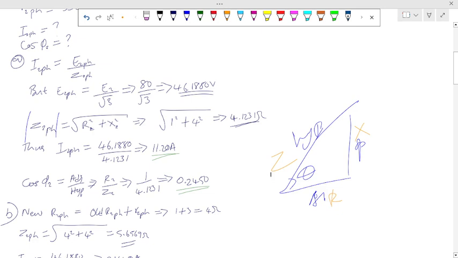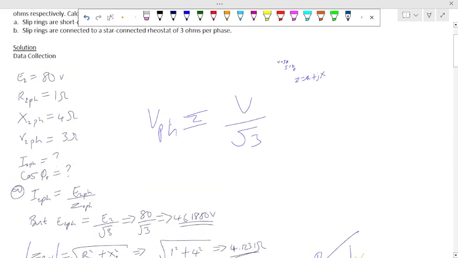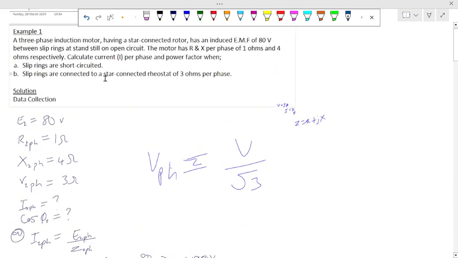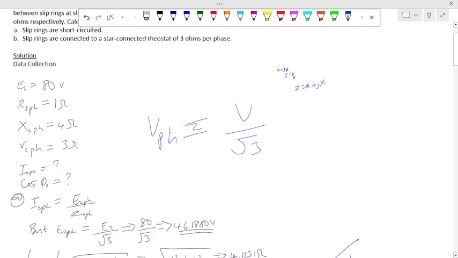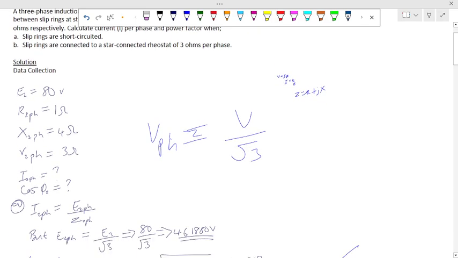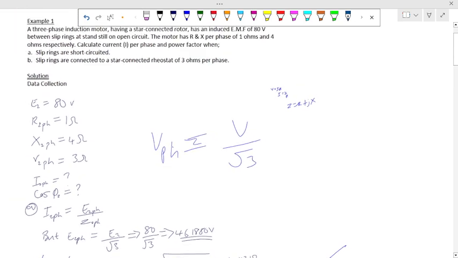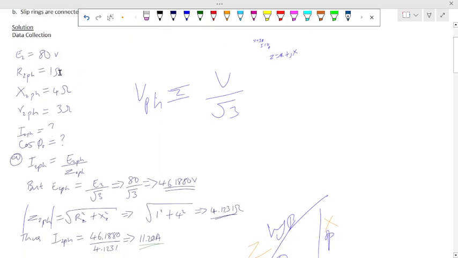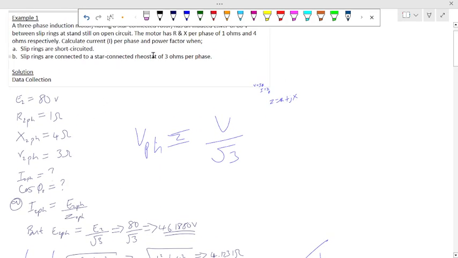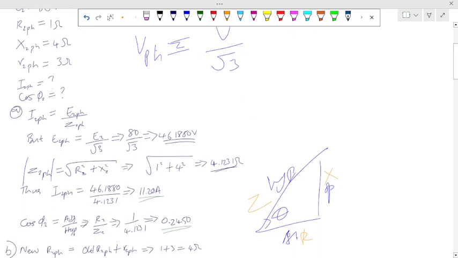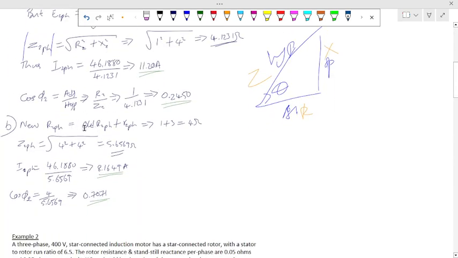That's the answer. Now for part B, slip rings are connected to a star connected rheostat of 3 ohms per phase. The only difference here is that our resistance will no longer be 1, but since it's connected to a rheostat, we are going to add it. So 1 plus 3 gives us 4.